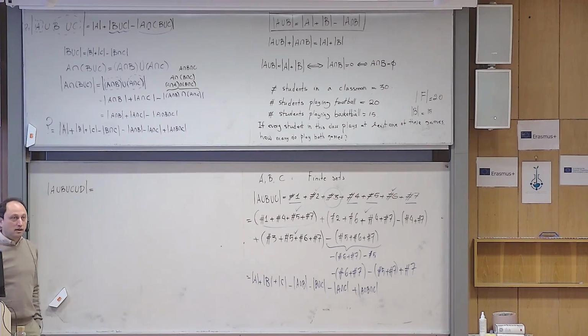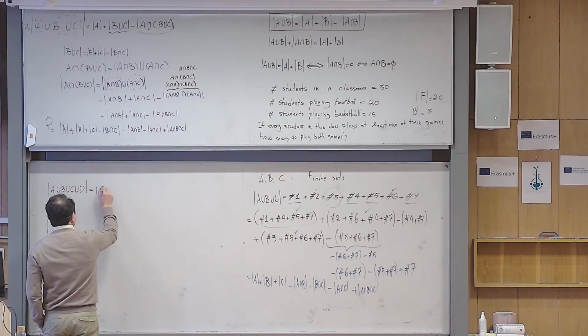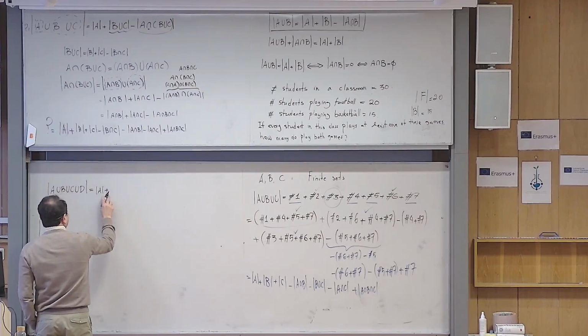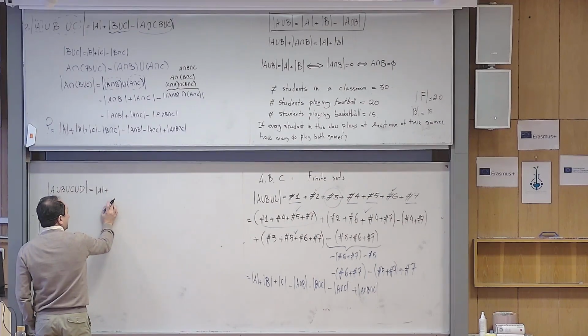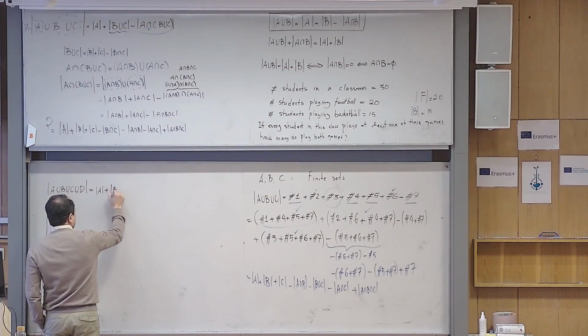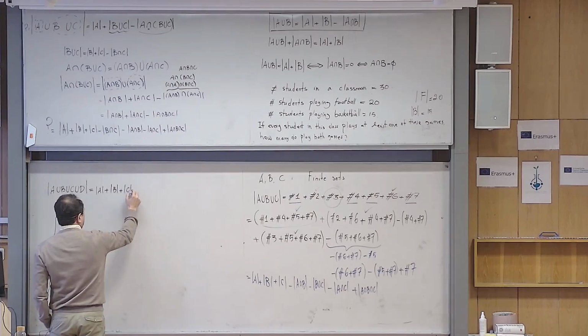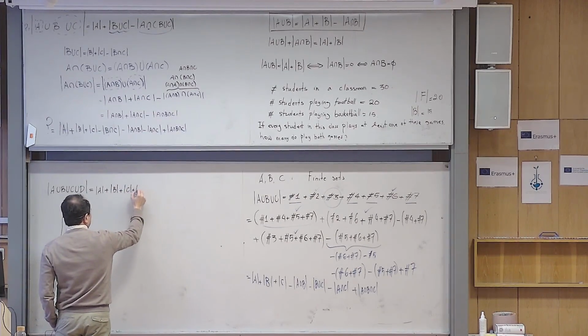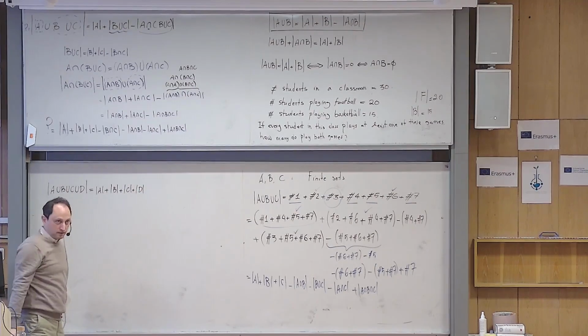My intuition says that the cardinality of A union B union C union D equals cardinality A plus cardinality B plus cardinality C plus cardinality D. So far so good.